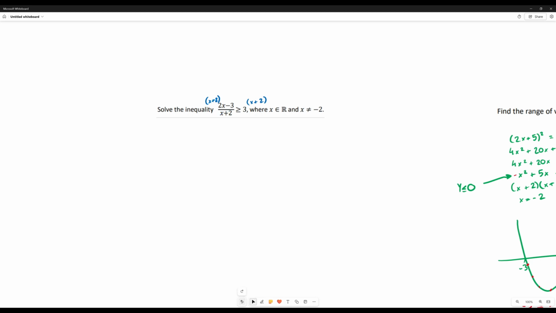No, there's no moving on with your life, because the problem is, in inequalities, if we end up multiplying by a minus number, we have to turn the crocodile around. However, x plus 2 can be both positive and negative, because let's say x is 10, then this would be 10 plus 2, which is 12. But let's say x is equal to minus 10, then it's minus 10 plus 2, which is minus 8.